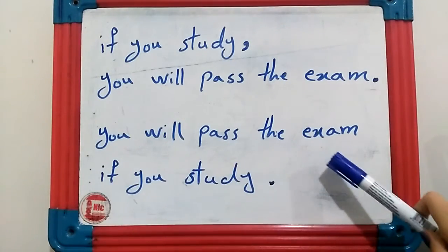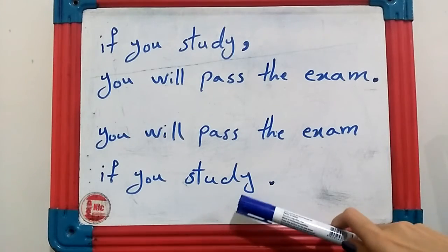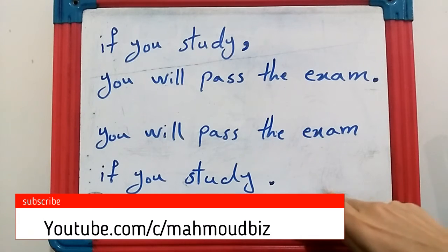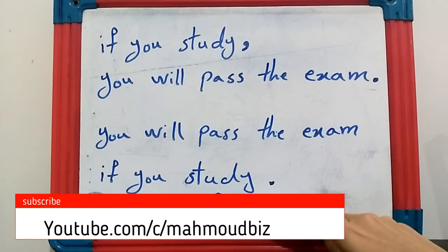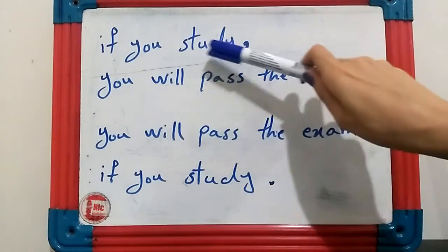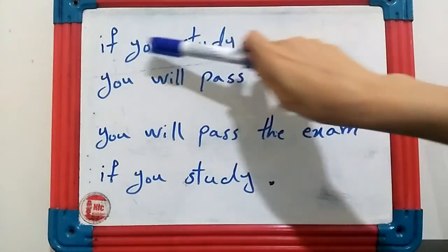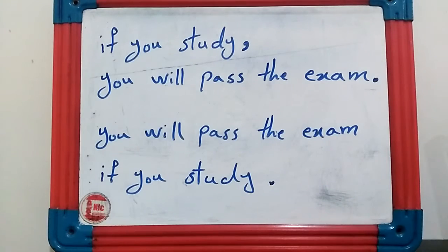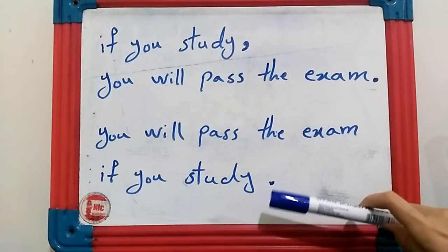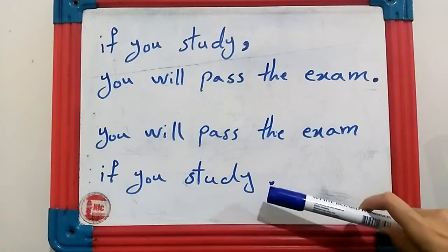You will pass the exam if you study. پس میتونیم اول main clause رو بیاریم و بعدش if clause یا همون عبارت if رو. اما هر موقع اول عبارت if رو آوردیم حتما باید بعدش کاما بیاریم. در غیر این صورت احتیاج به آوردن کاما نیستش.